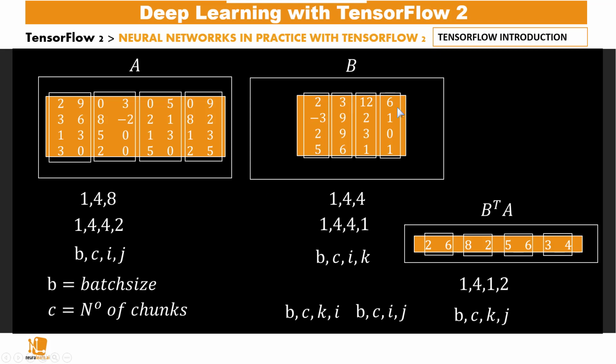Now the same is done for B, with the difference that we break the 4 columns up into 4x1 matrices, where we have 4 rows and just 1 column. In the paper, there is a task which involves taking the transpose of B and multiplying by A. In doing that, we are in fact multiplying the corresponding batches and the corresponding buckets.